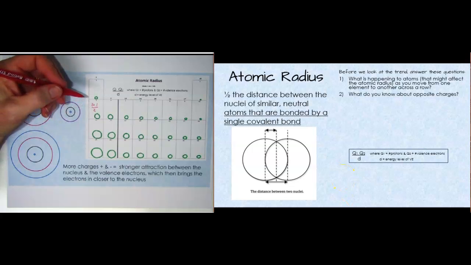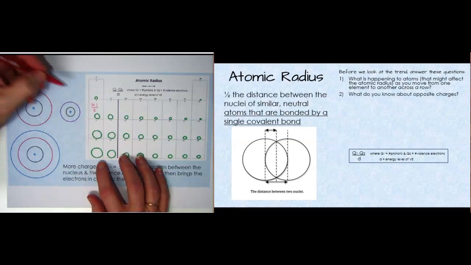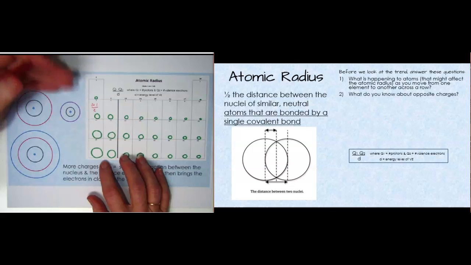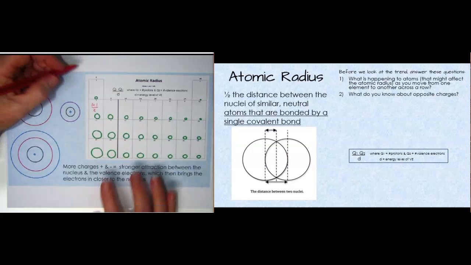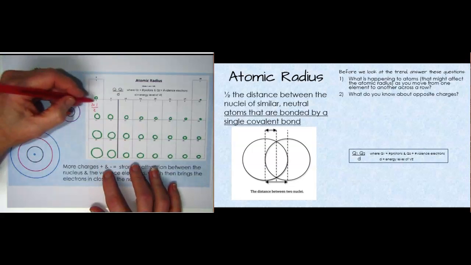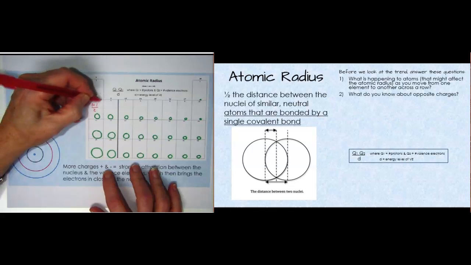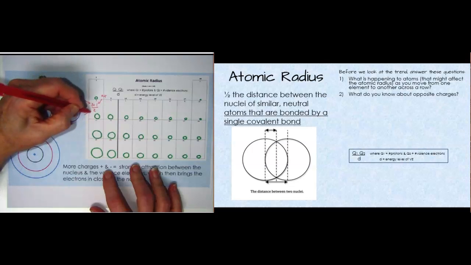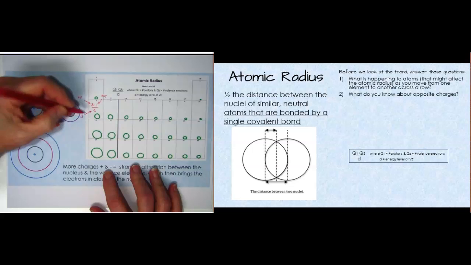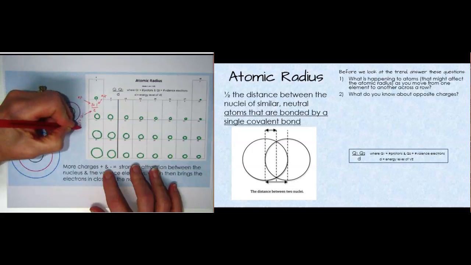What I'm getting ready to do at the same time is this Q1, Q2, which you see already on the board, because this is effective nuclear charge. It's a way of being able to describe why. We're not doing this scientifically, we're just doing it as a generalization. Q1 is the number of protons, Q2 is the number of valence electrons, and the bottom number D is simply the energy level that the valence electrons are on.